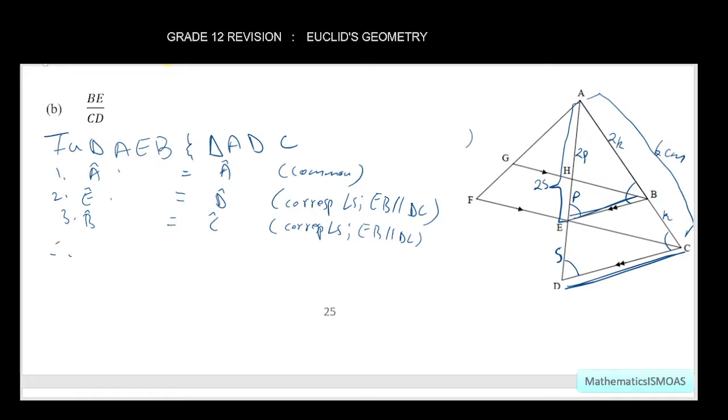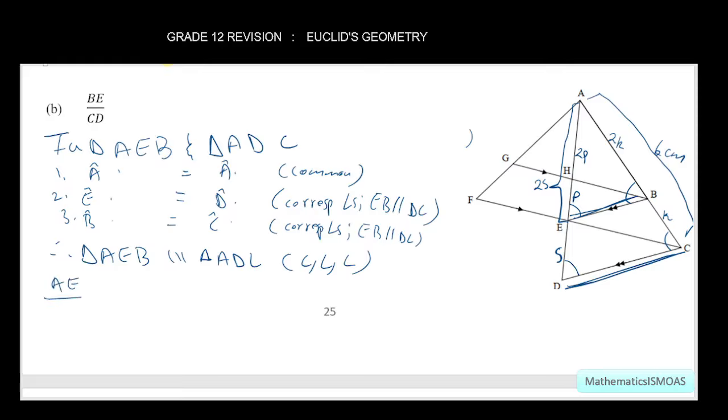Therefore, in that order, 1, 2, 3, triangle AEB is similar to, in that order, 1, 2, 3, triangle ADC. And the reason: angle, angle, angle. And then from there, we can write down our ratios.